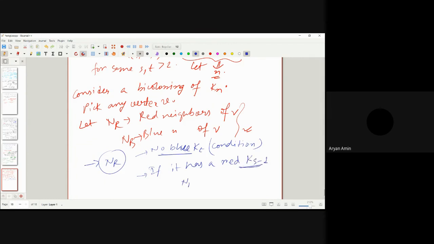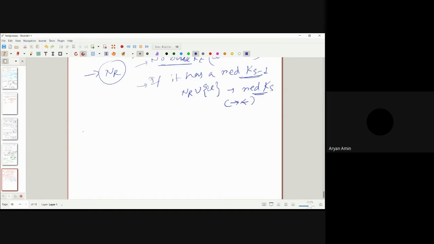Then N_R union the vertex V gives you a red K_s, which is a contradiction. So this can't happen. What this means is that the size of N_R must be at most R(s-1, t) - 1.